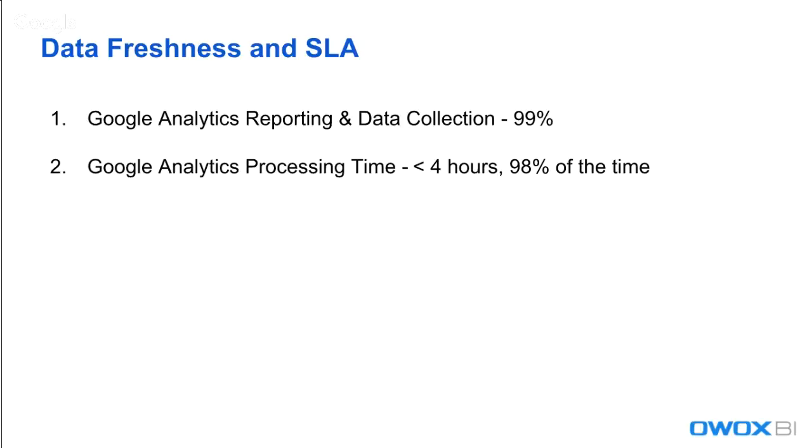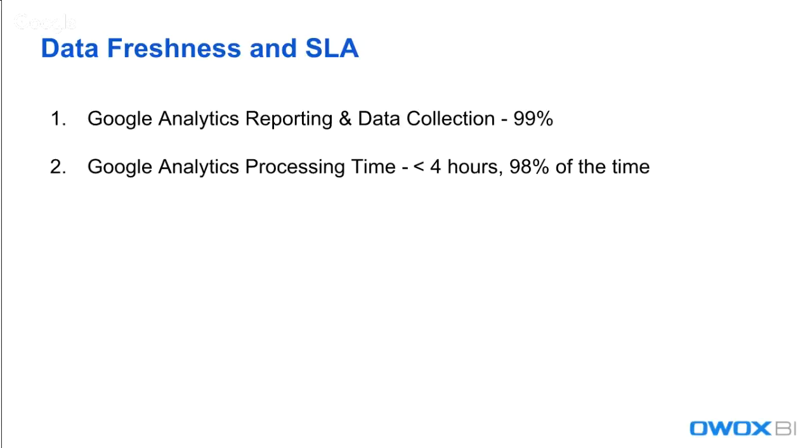What is a good thing, like good news here? Recently Google announced that data will be available within the Google GA360 interface within 10 minutes. So this is not under the SLA. However, some of our clients are already using this possibility to collect data within 10 minutes.